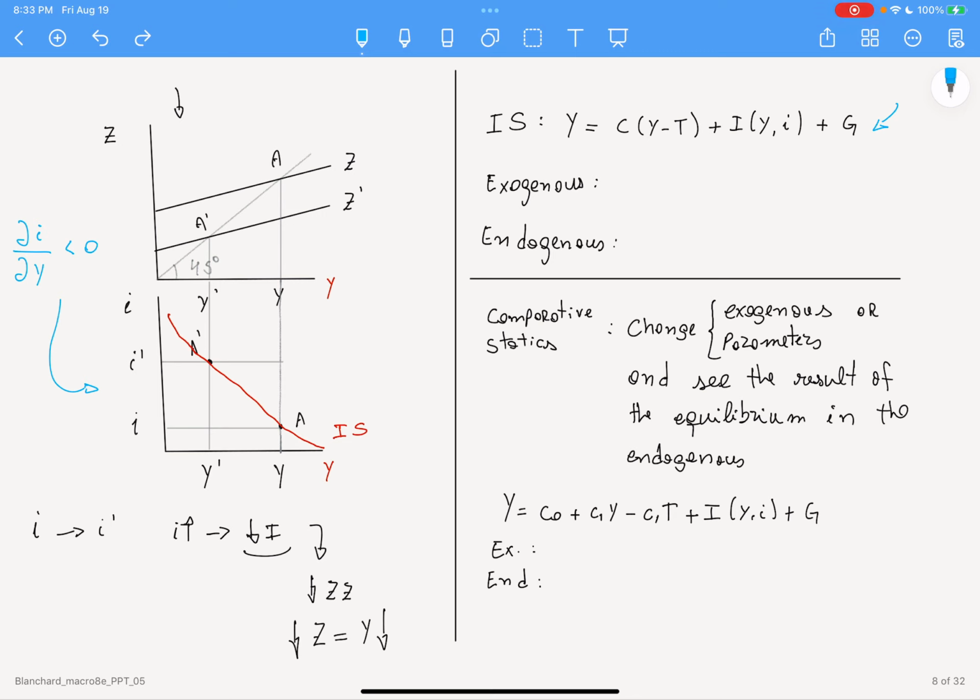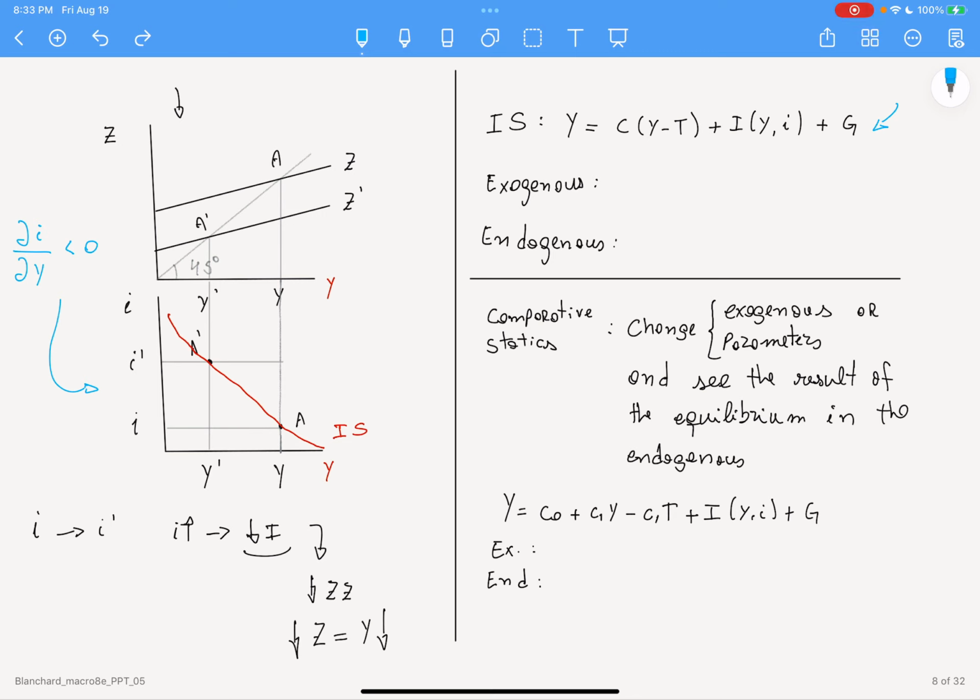This is the first thing that you always must have in mind: what are the variables that I'm working with? Well, we can have exogenous variables and endogenous variables. Exogenous variables are the ones that are defined outside of the model, not within the model, while the endogenous ones are the ones that are defined within the model.